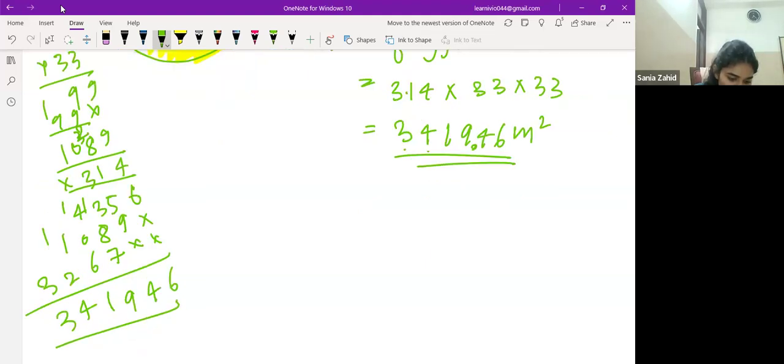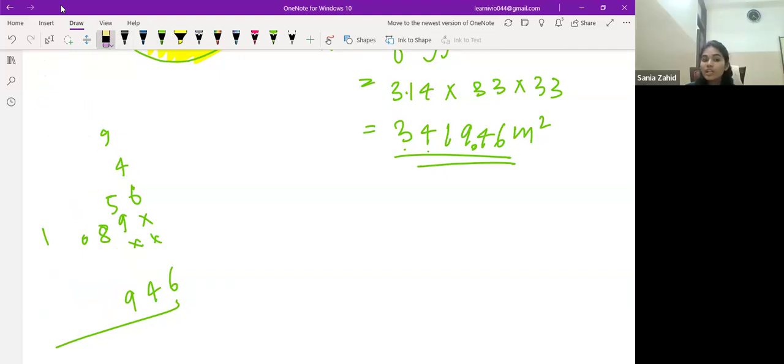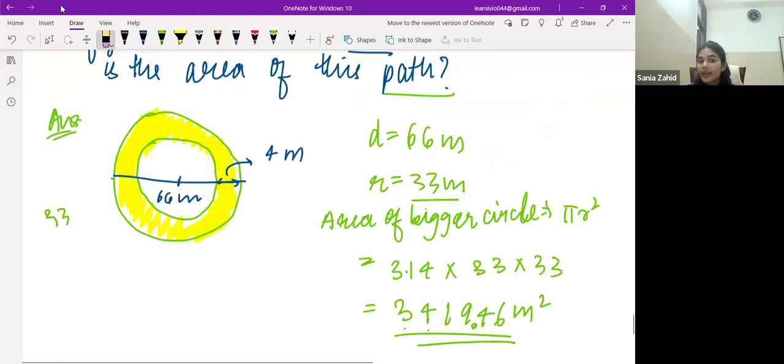Do you understand this? Yes, ma'am. Now what you have to do is find the area of the yellow part. I need to subtract the area of the smaller circle from the area of the bigger circle. See, what do I have to find?